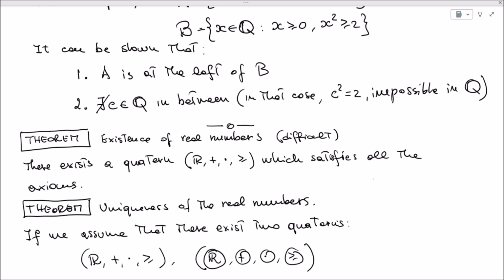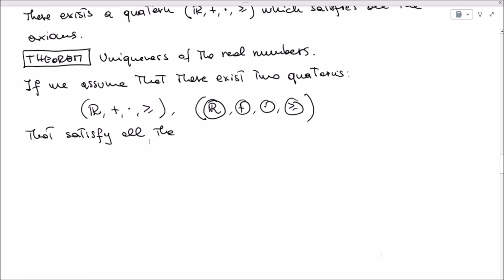So we are assuming that there exist two quaterns that satisfy all the axioms.